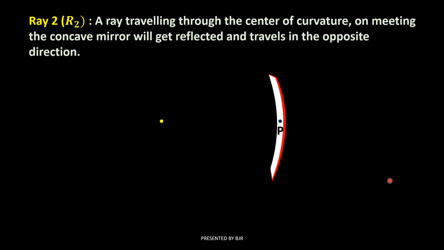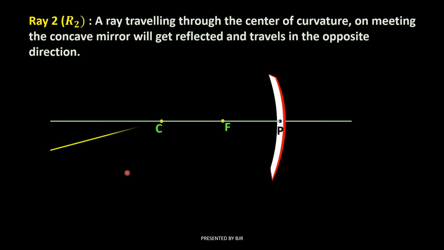So P is the pole, center of curvature here, and here F is the focus or focal point. This is the principal axis. A ray traveling through the center of curvature, you see here, here is the incident ray which is passing through the center of curvature.